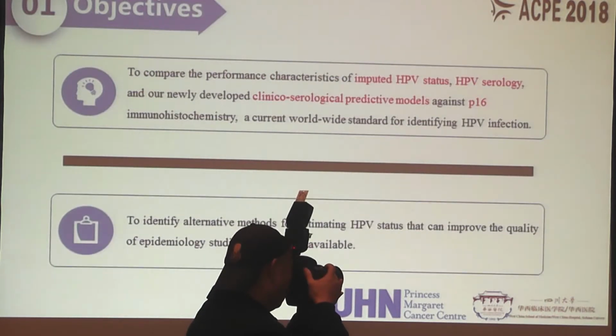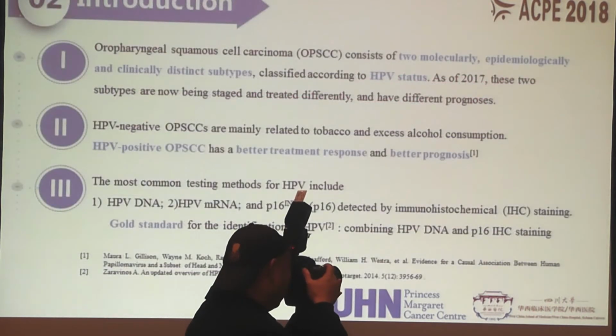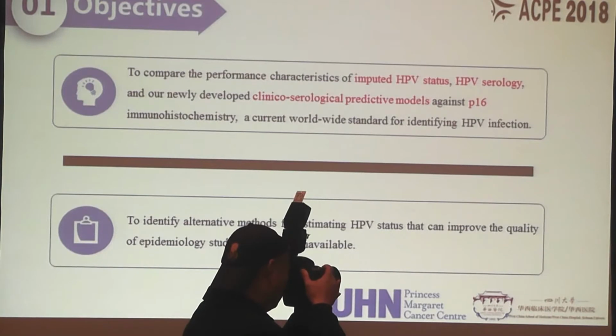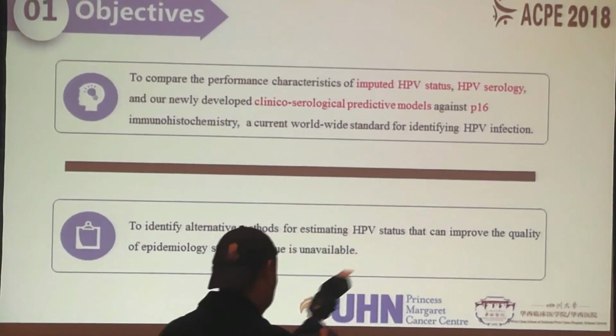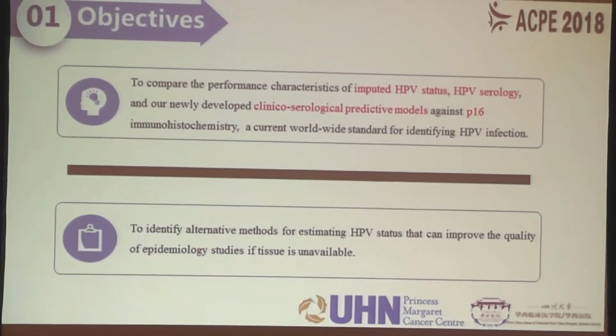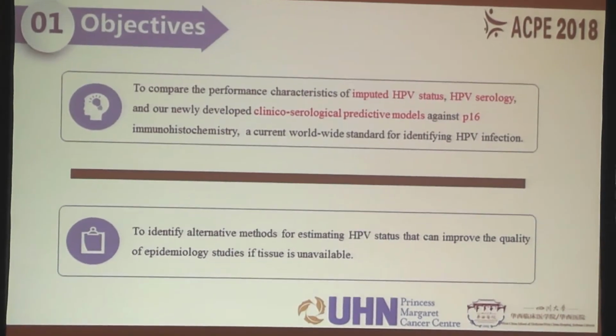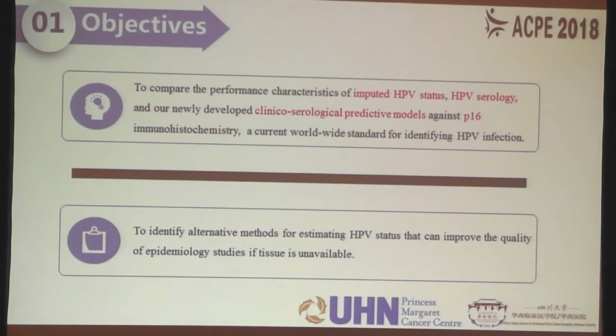Firstly, I want to introduce our objectives. The first one is that we want to compare the performance characteristics of different methods to predict HPV status, such as multiple imputation and HPV serology, and our newly developed clinical serological models against p16 immunohistochemistry.